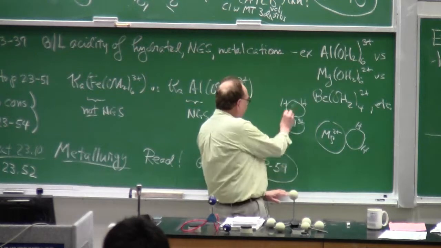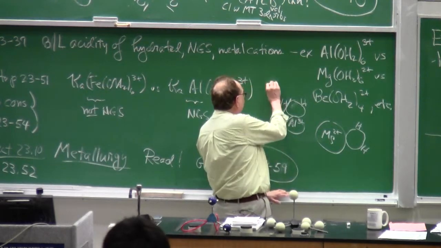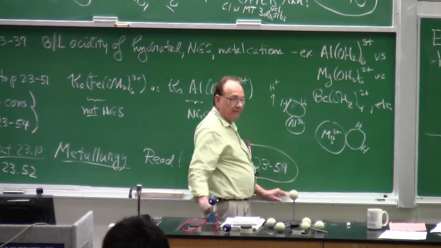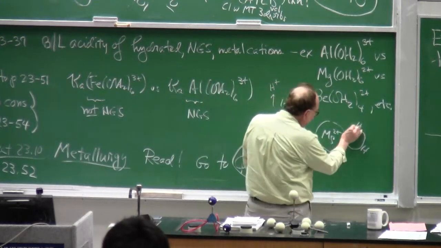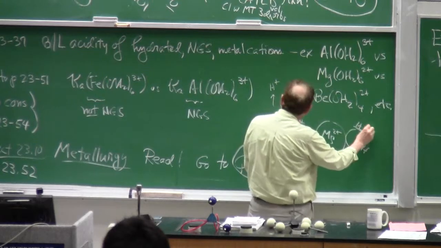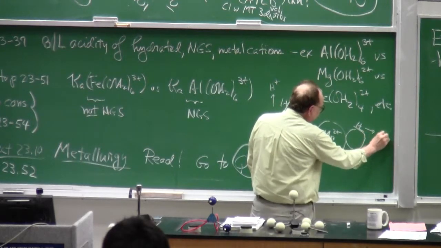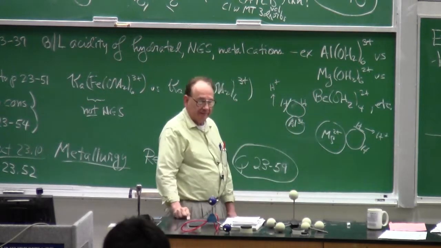This breaks, and off goes H+ into solution, likely connecting to a water molecule to make hydronium ion, versus this breaking, going off into solution as H+, connecting to a water molecule to make hydronium ion.